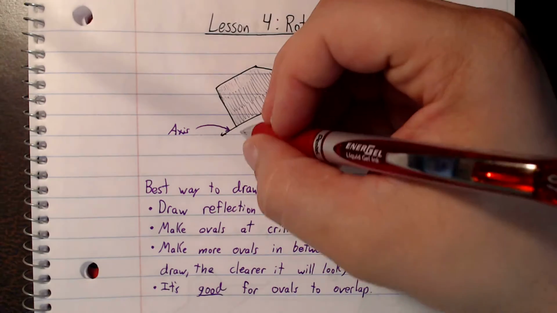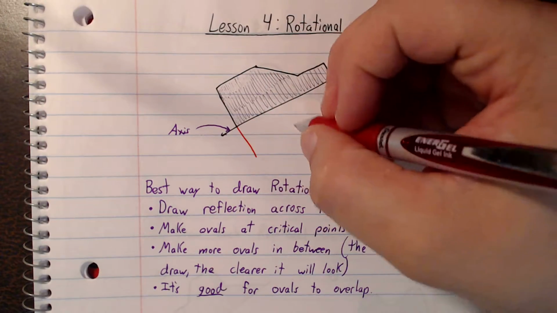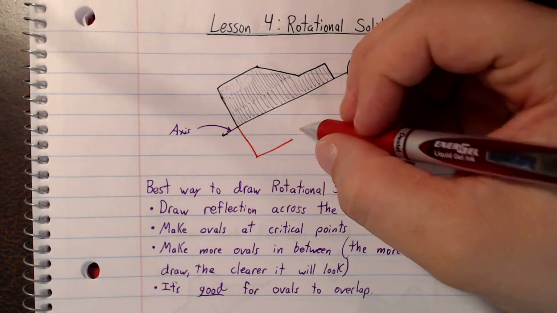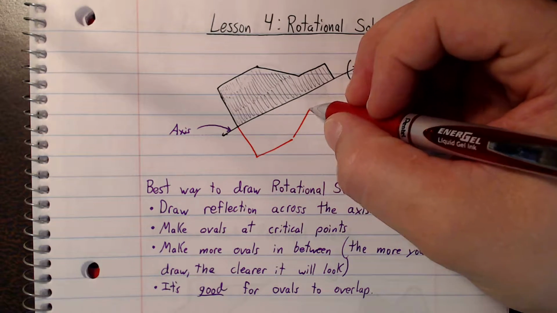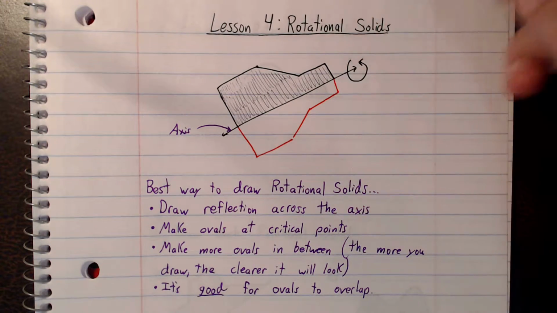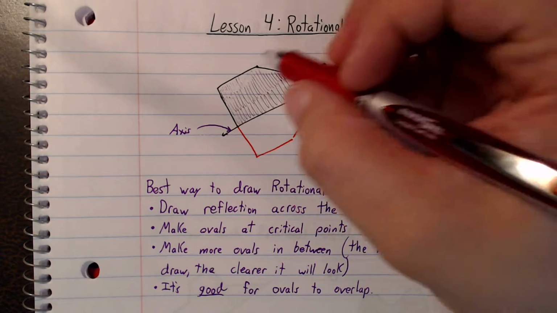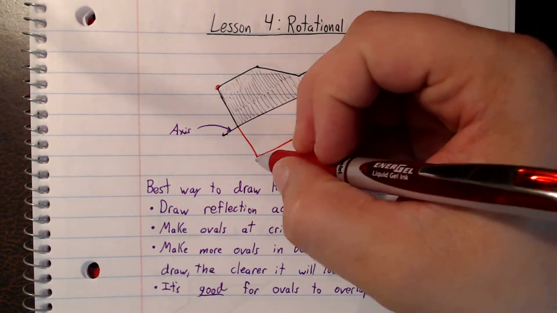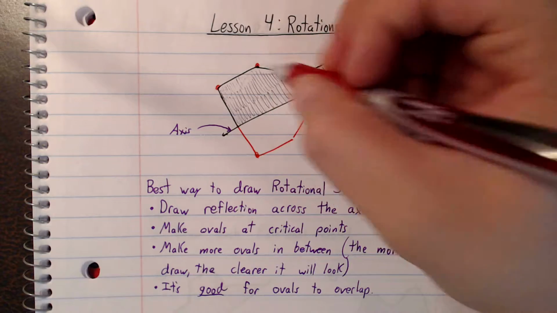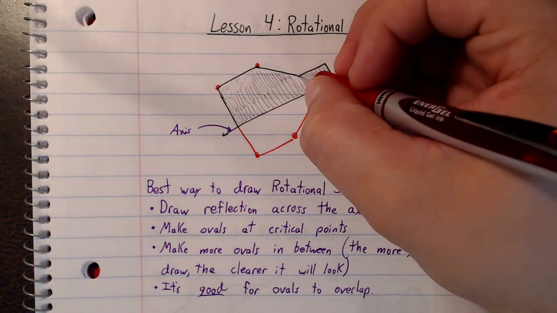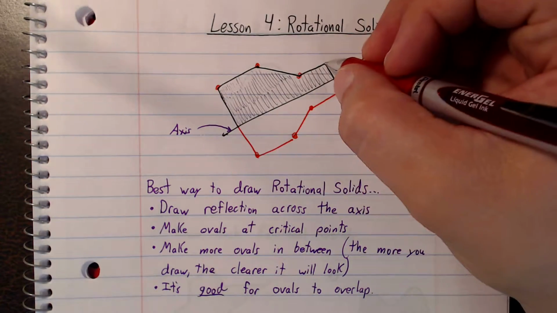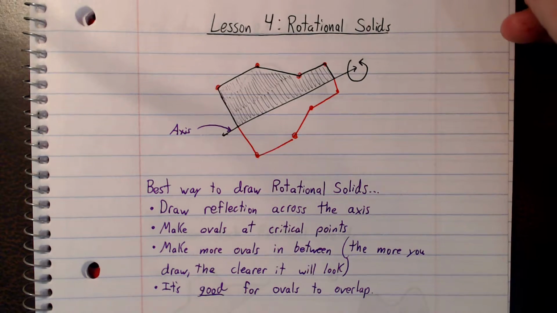If I quickly sketch the reflection, this is just a quick sketch, but we have some critical points. This very corner here and here, this point here, this one here. These are pretty standout points. I call those critical points.